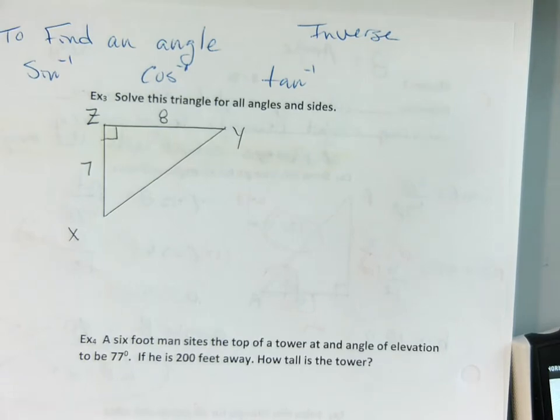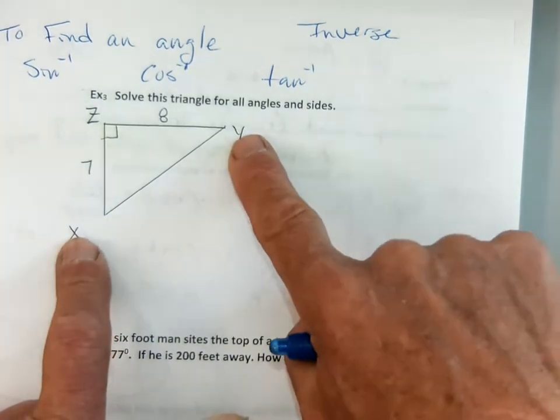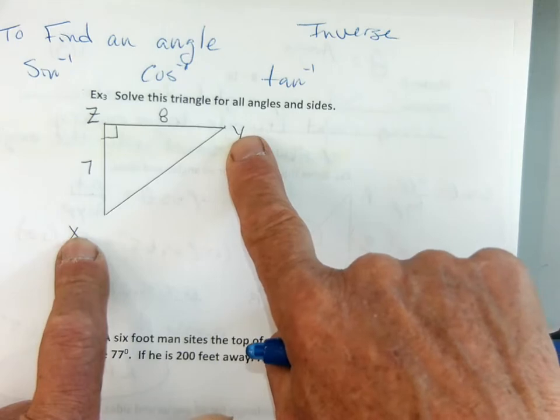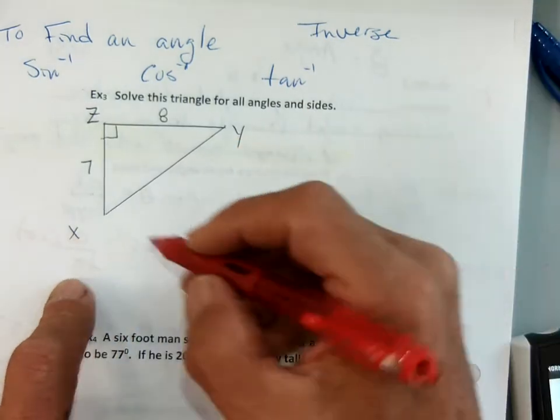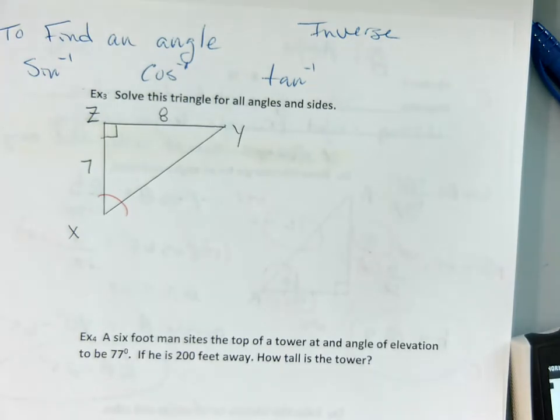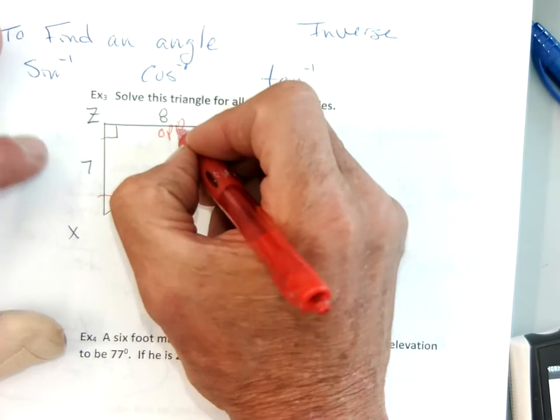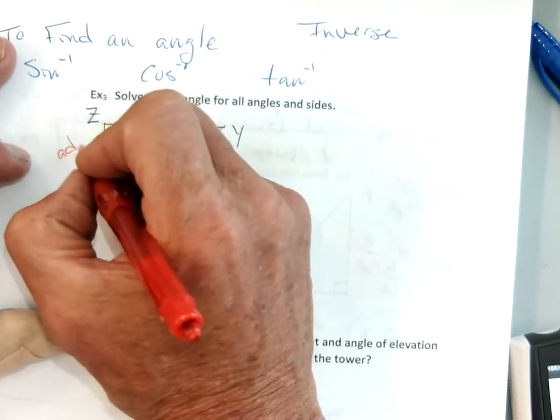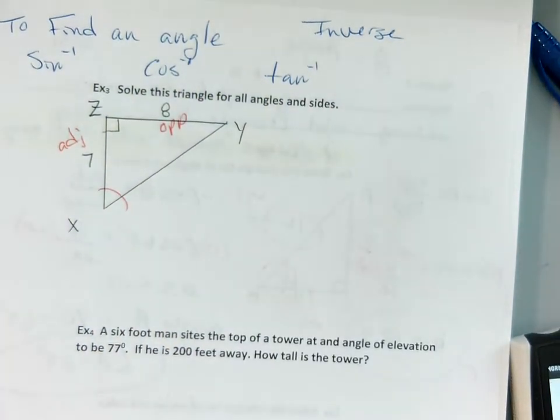Theo, your choice. Do you want to find angle x or angle y? I'll do angle x, okay? So always start with your angle. So we're going to start with angle x. Then I know my 8 is my opposite side, 7 is the adjacent side. So opposite, adjacent, which one are we going to use?